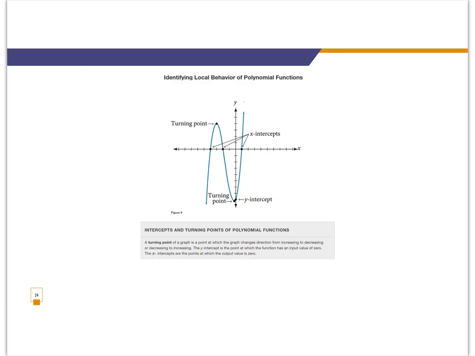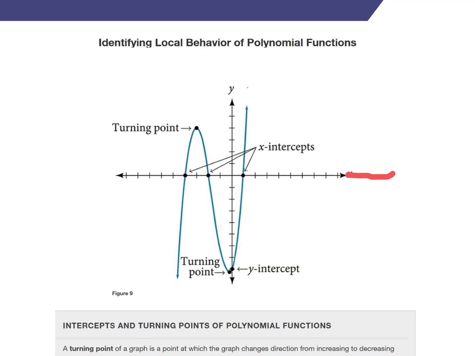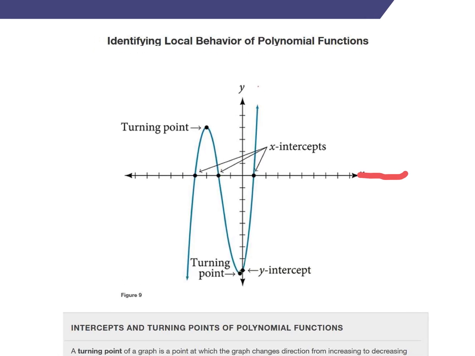Next one. Identify local behavior. Okay, back again to characteristics of functions. We did characteristics of quadratics. Now we're going to have, this is a cubic. And so what am I looking at here? I'm looking at a function could still have x-intercepts.